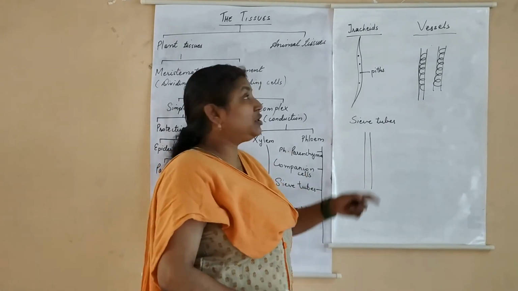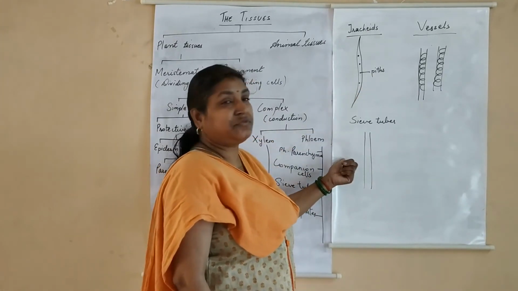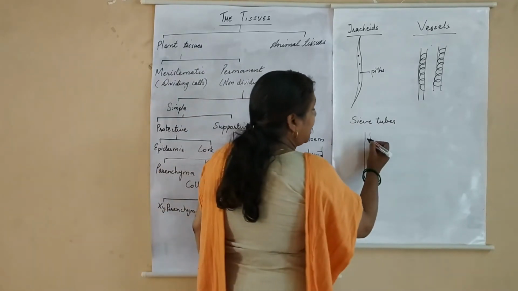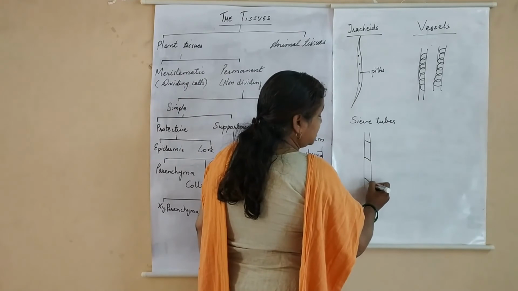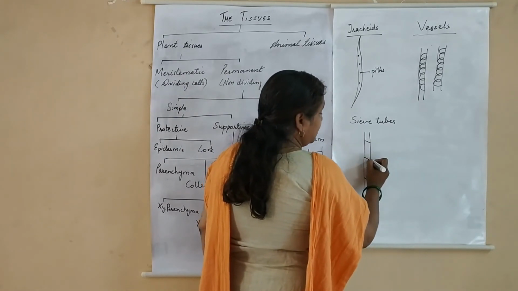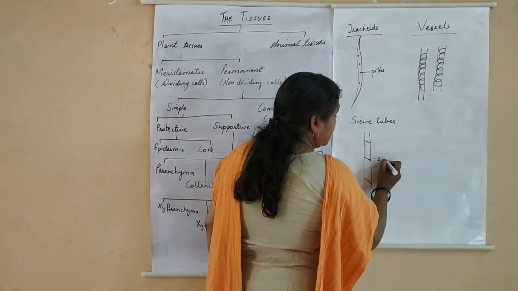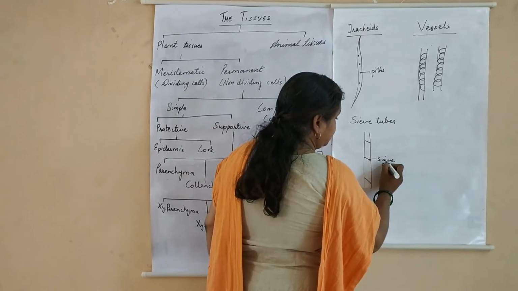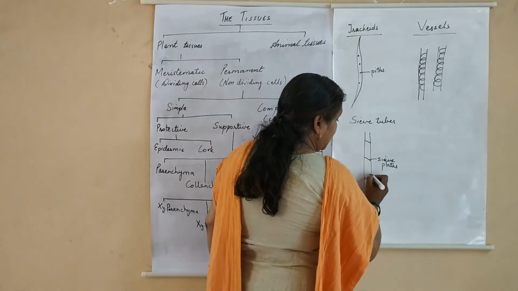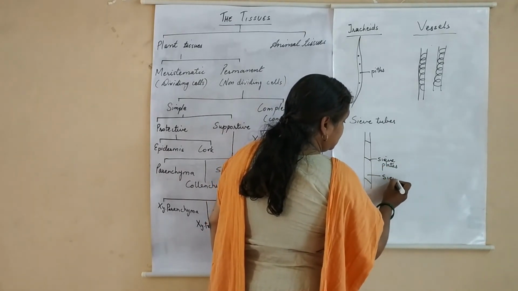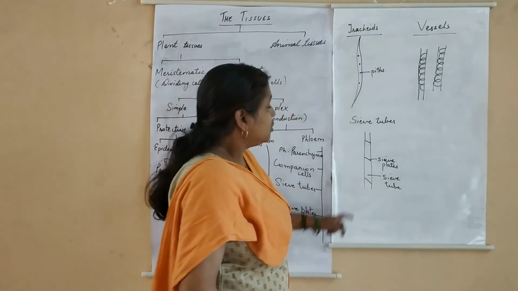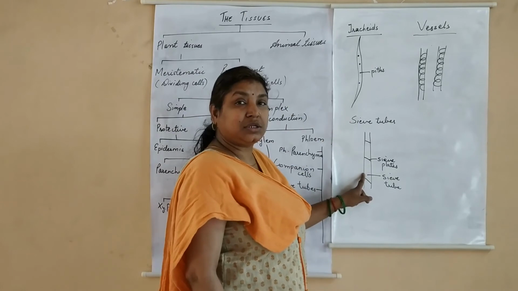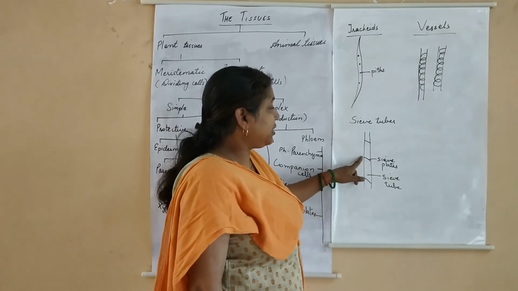But the difference between xylem vessels and sieve tube is that they are separated by sieve plates. These are known as sieve plates. And this is your sieve tube. So sieve tubes are elongated cylindrical tubes separated by sieve plates.